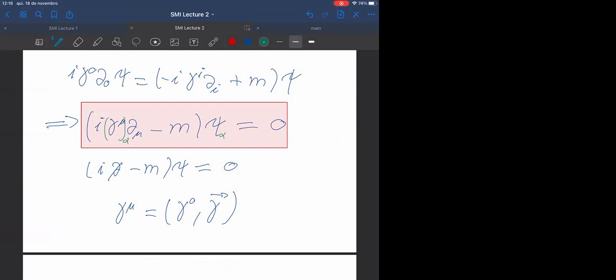This is a 4 by 4 matrix, acting on the spinor, so there is an identity factor here.